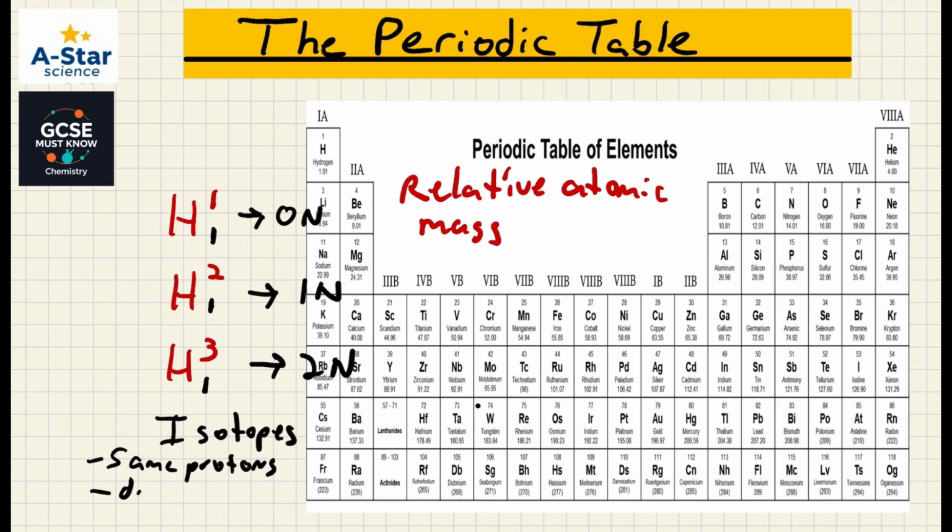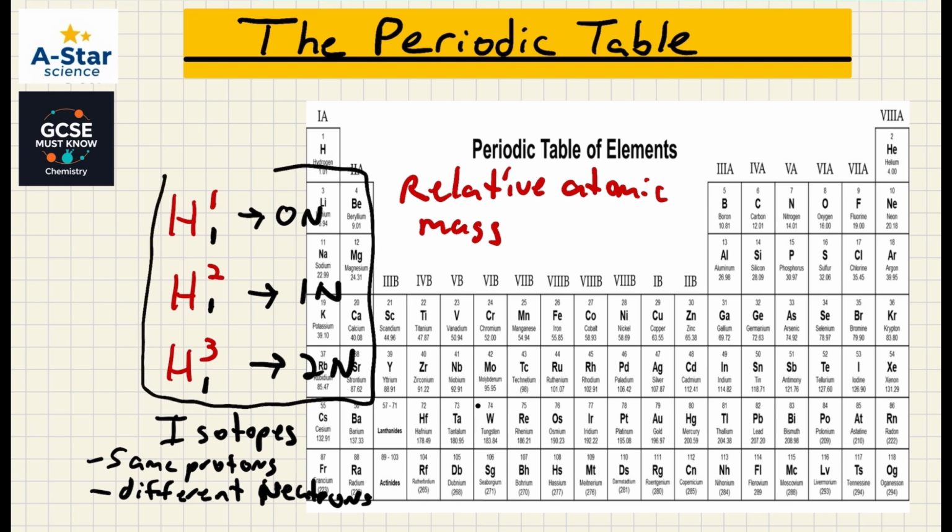That's the definition for isotopes, which is an important definition in your GCSE exams: different numbers of neutrons. So what scientists have done, because they all have different masses, which are in red, is take the average mass of that.